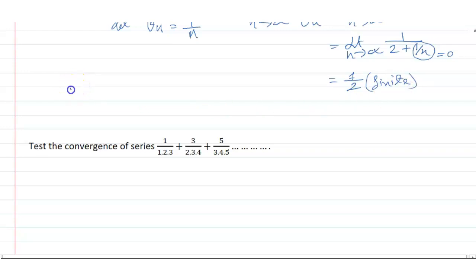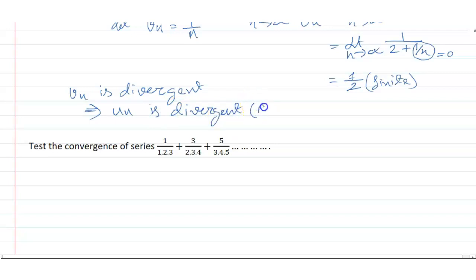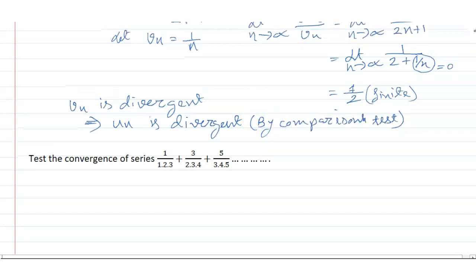That's why we can say vn is divergent, so that implies un is divergent by the comparison test.